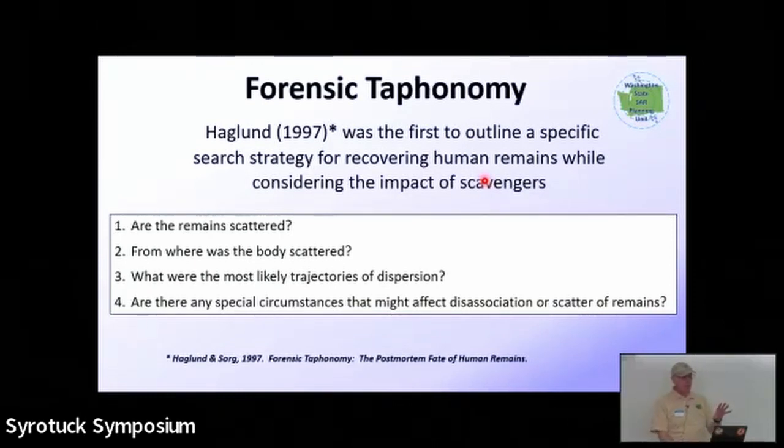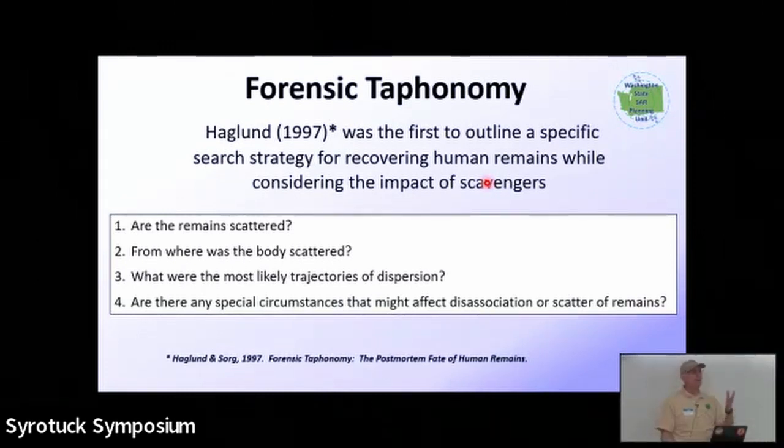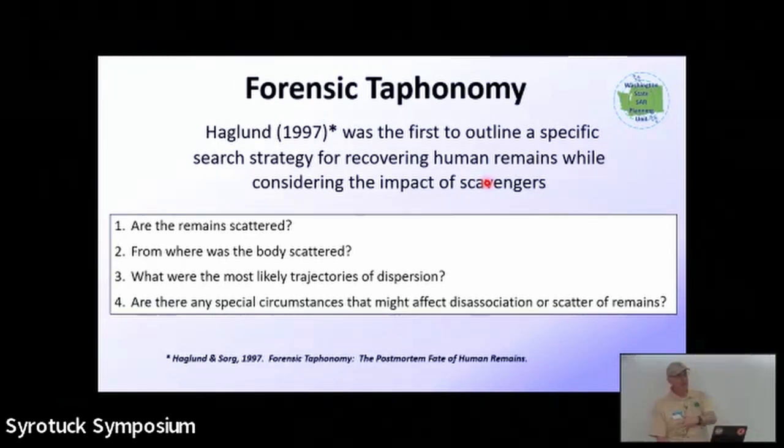In Haglund's research and in others, you can drill down to an extreme level of detail, asking in this particular environment what the possible scavengers might have been, ranging from bears to bugs. And then, based on the season and the ecology of the area, what are the likely scavenger candidates, and drilling down into their behavioral patterns. In our planning, we don't drill down that far, but there's a rabbit hole you can go down there.